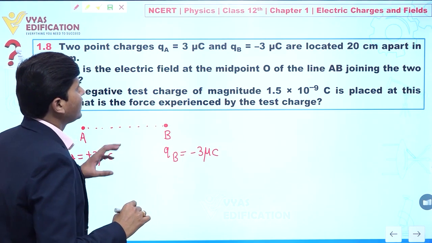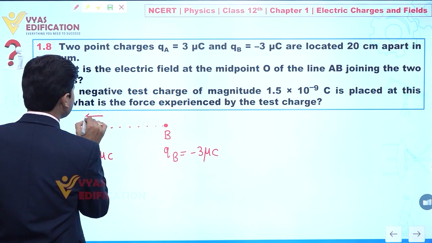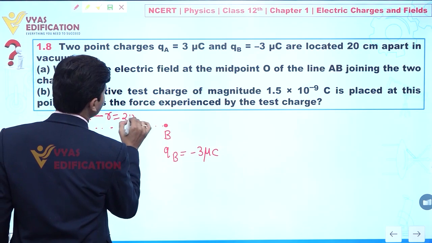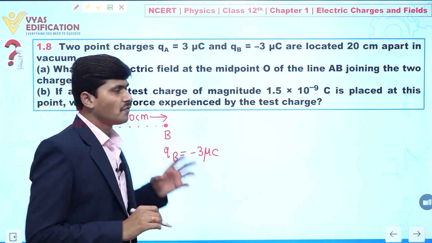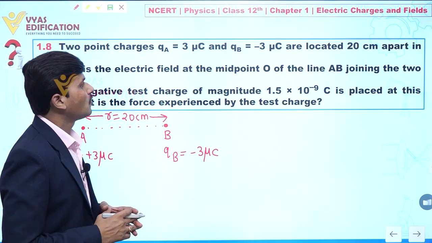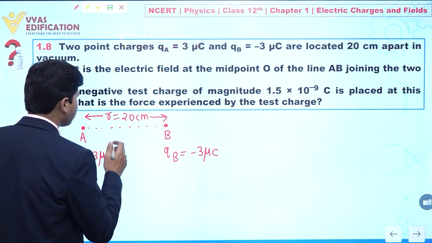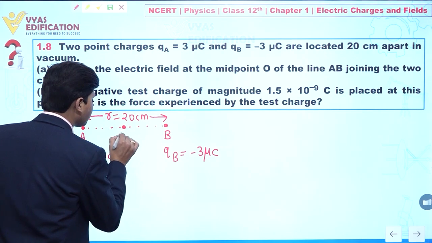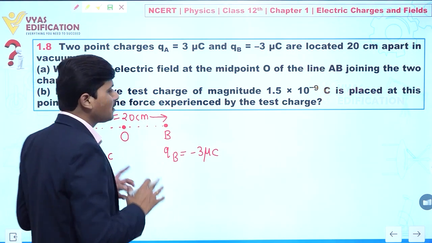They are located 20 centimeter apart in vacuum, so R is 20 centimeter. Now what is the electric field at midpoint O of the line joining AB between the two charges? Let's suppose this is point O, and O is the midpoint between A and B.